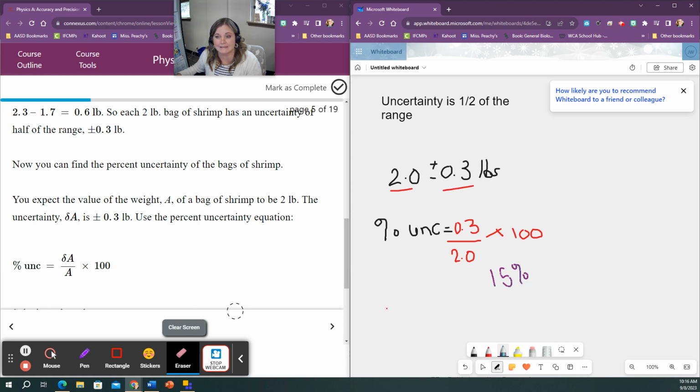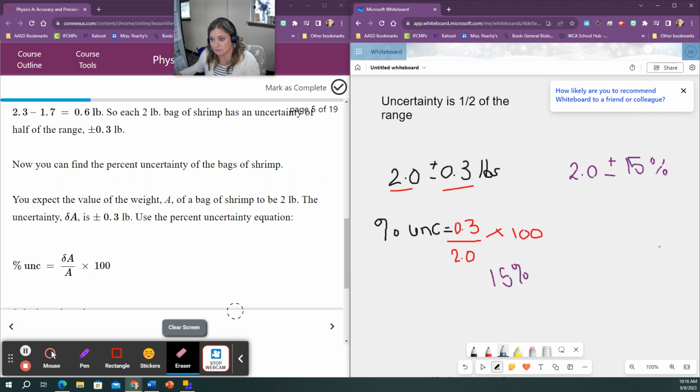Now what that means is that 2.0, we could write this as 2.0 plus or minus 15%. That's fine. We could also say, hey, what's the highest amount that it usually could be then? So we could backwards calculate a little bit and say, well, what's 15% of 2? 2 times 0.15 equals 0.3.